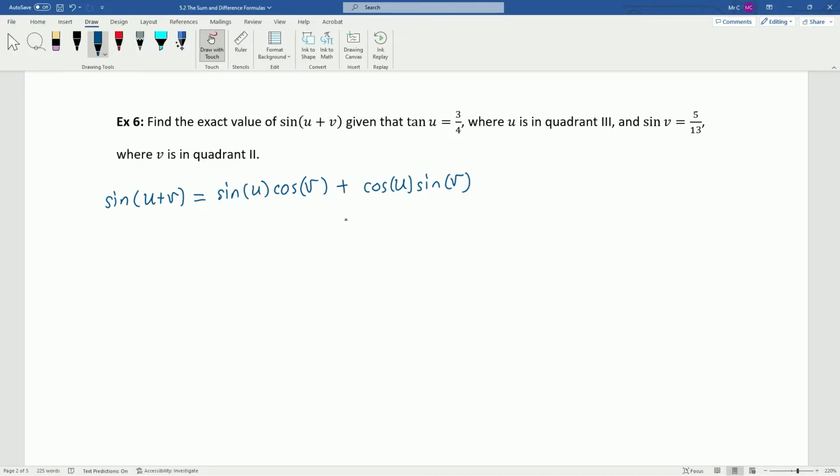So what this tells me is that I need to know what sine of u, cosine of v, cosine of u, and sine of v are in order to evaluate sine of u plus v. We're going to do that work off to the side, and that's going to come from this extra information that was given to us.